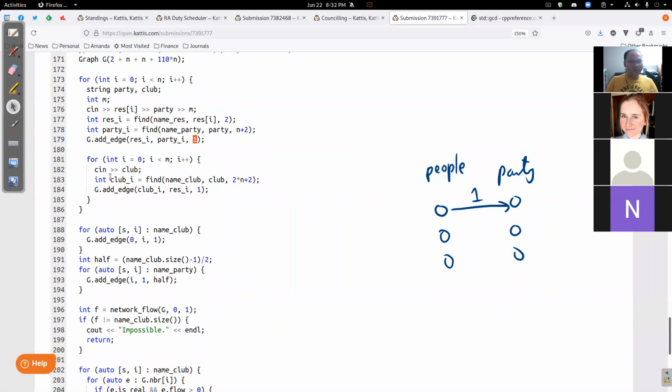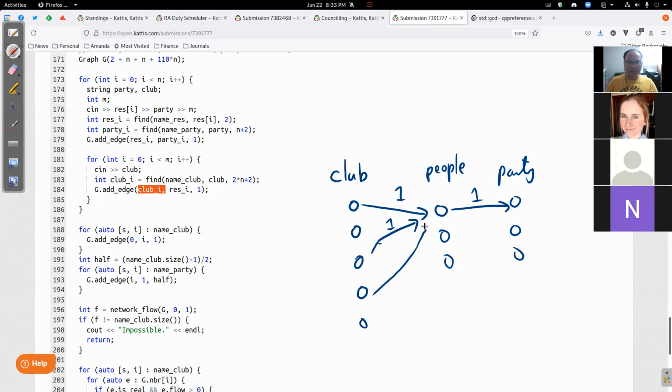Then for each club, I find the index of the club, and I add an edge from the club to the person. So every club that a person belongs to, I add an edge from that club to that person. Okay, this is just like what I told you.